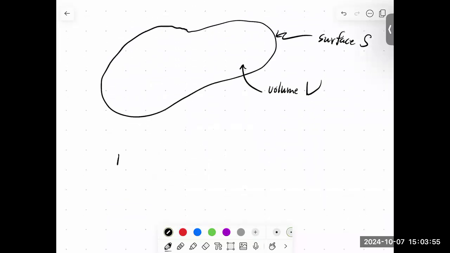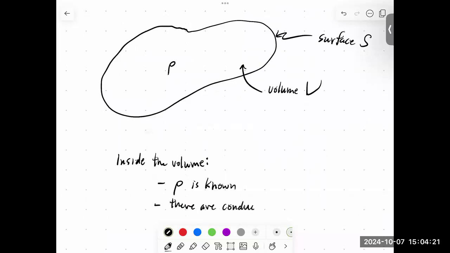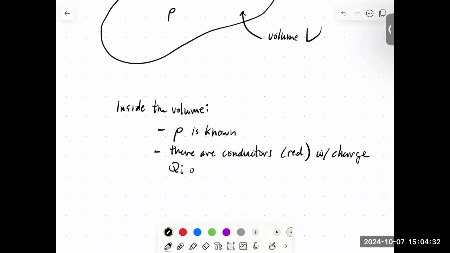Okay, so inside the volume, we're going to assume that rho is known. So there is, in general, some charge that lives in this volume, and there are conductors, which I'll draw red, with charge Qi on their surface.